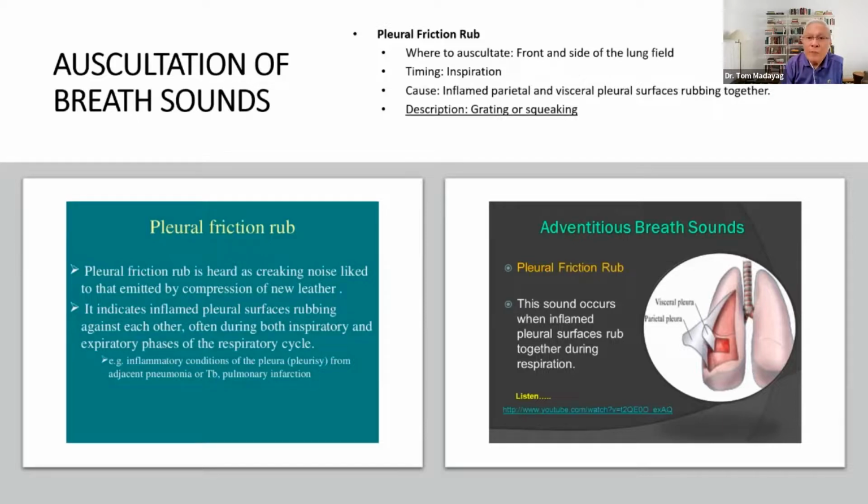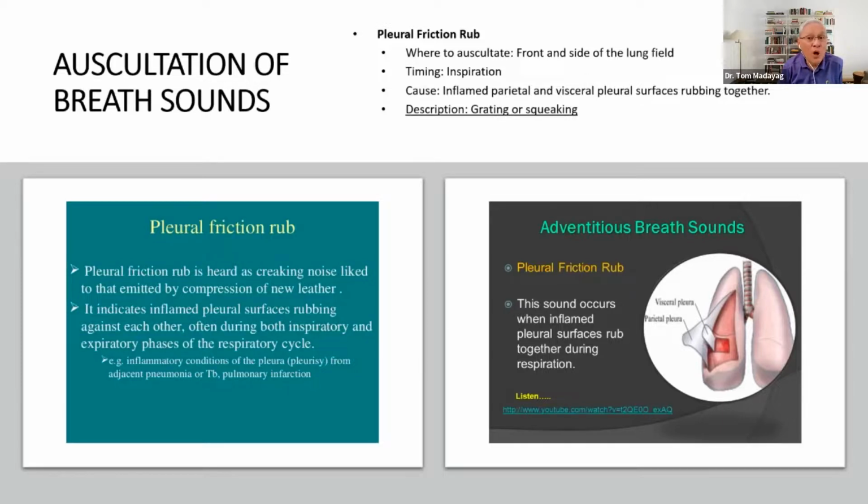It is usually heard in patients with pleurisy and usually louder than other lung sounds due to its generation closer to the chest wall. Now, because these sounds occur whenever the chest wall moves, they are generally heard throughout inhalation and expiration.